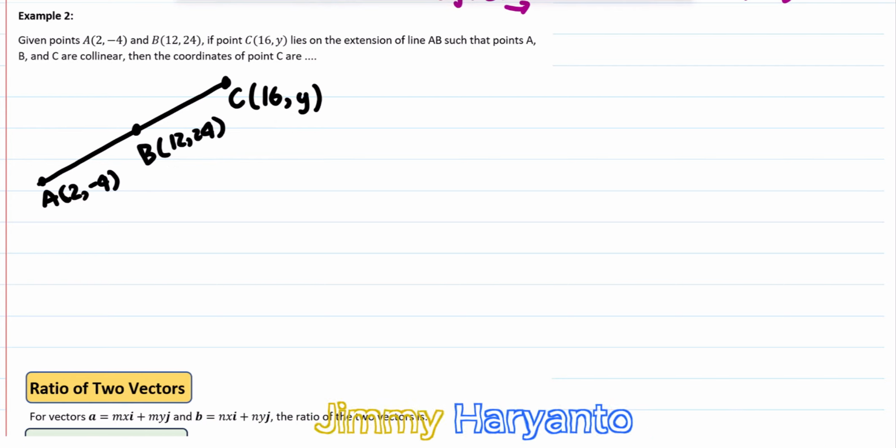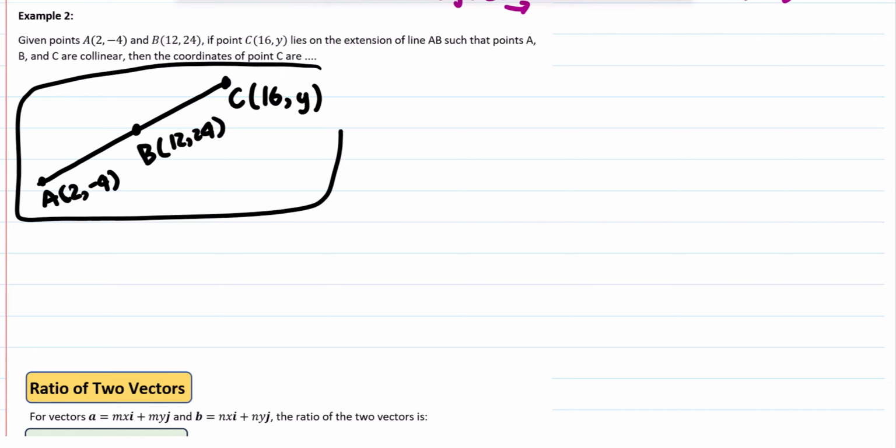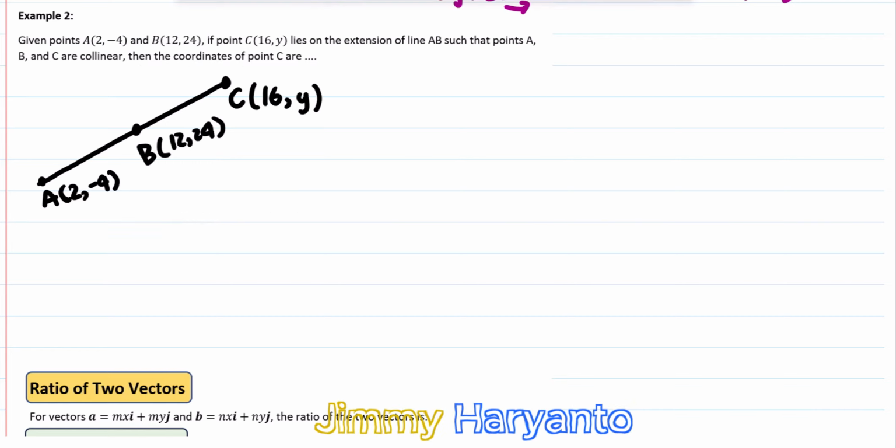But do not worry, if you choose the opposite side, you'll still get the correct answer. I draw this in the real situation just to make it make sense.